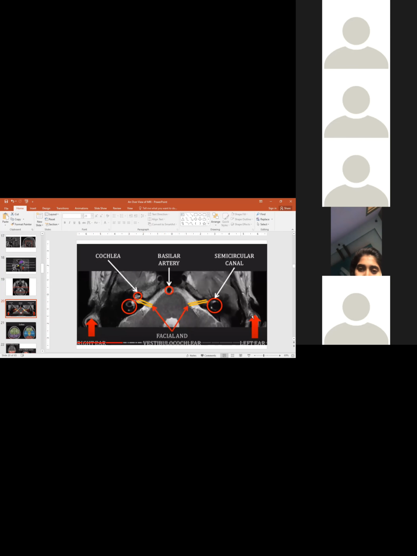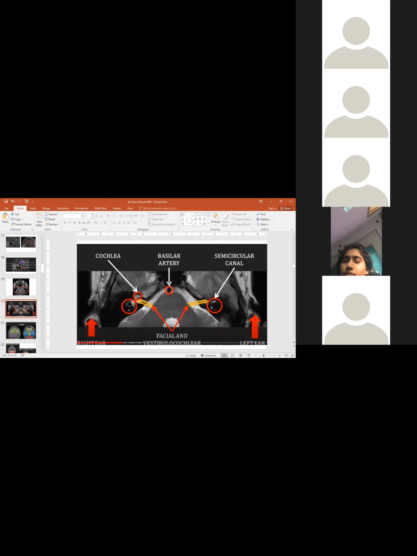ear, this is the left ear, and we can also appreciate some other very fine structures, like the cochlea, which is the structure near the internal ear, then the semicircular canal on the right side and on the left side, which are associated with the balance keeping of a patient.